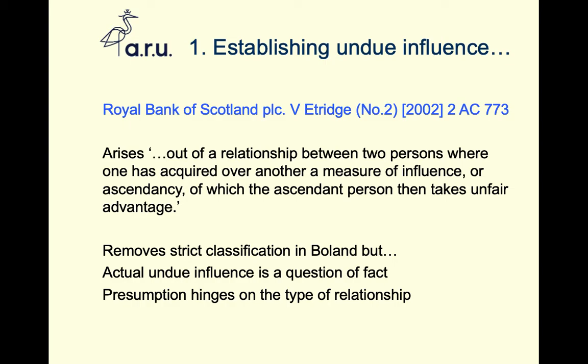So in Etridge, the wife again had not fully understood any advice or any information that she signed. The husband's business had gone broke and the house was again being repossessed. Ascendancy was there within that relationship because she left the financial matters to the husband, and again he had taken advantage of her in order to obtain consent.